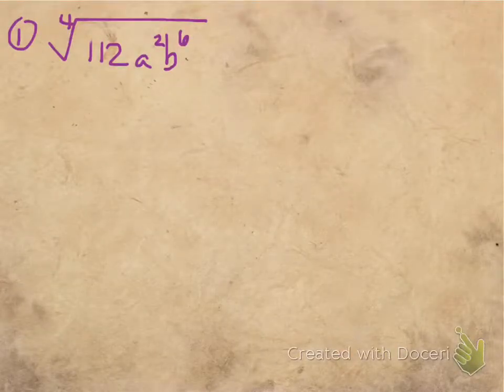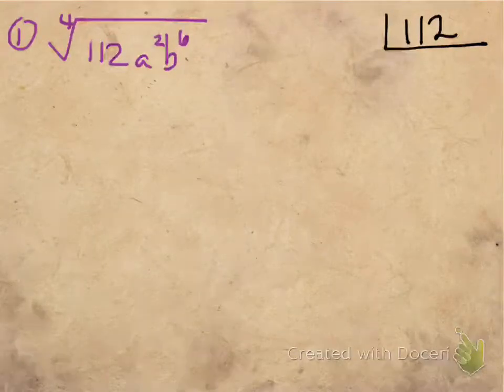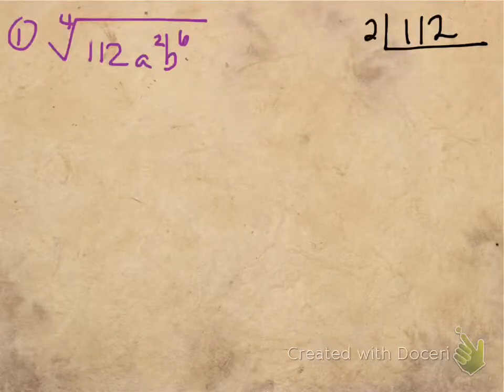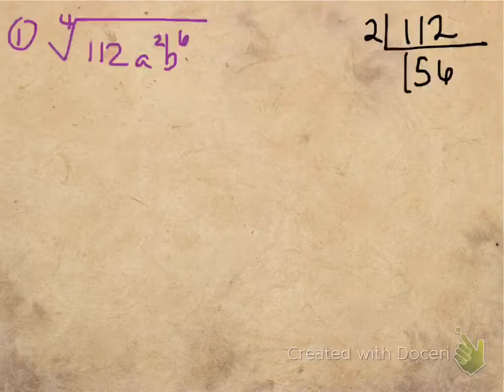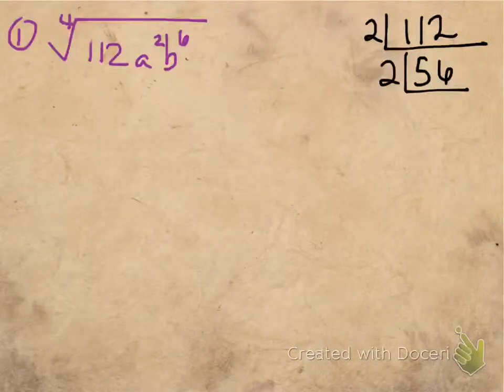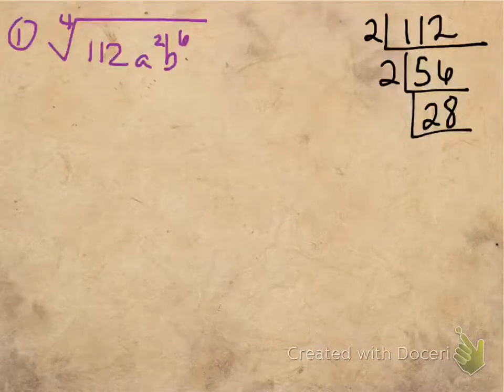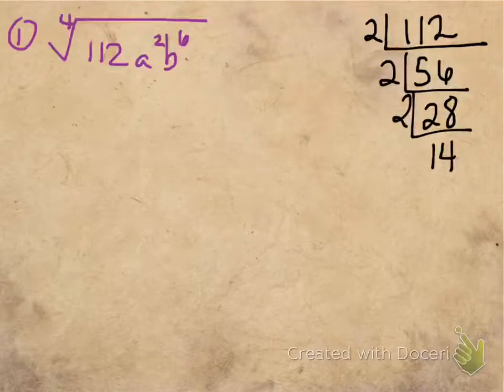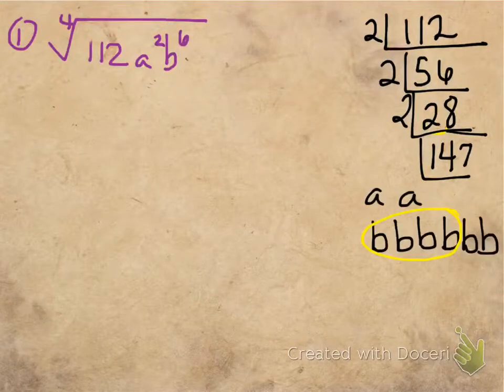Our first step is to simplify that 112. 112 is divisible by what prime number? 2, leaving us 56, which is divisible by 2, leaving us 28, which is divisible by 2, leaving 14, which is divisible by 2, leaving 7.